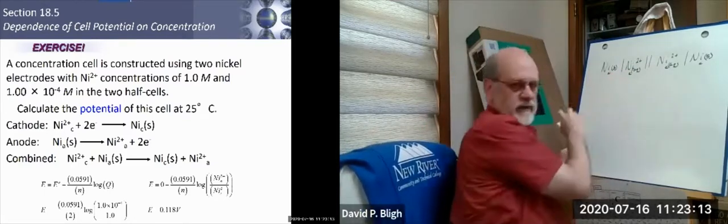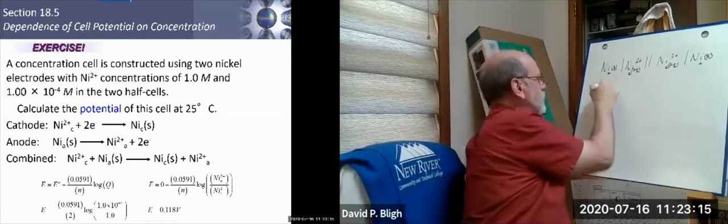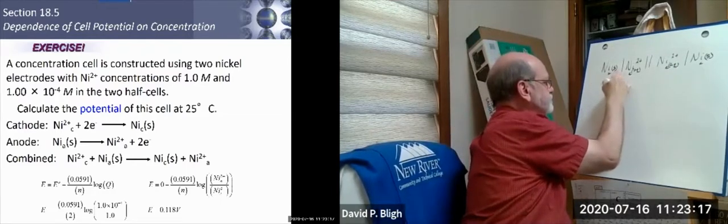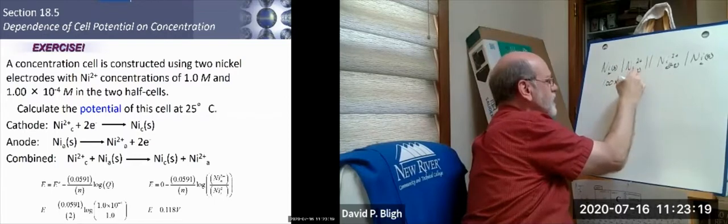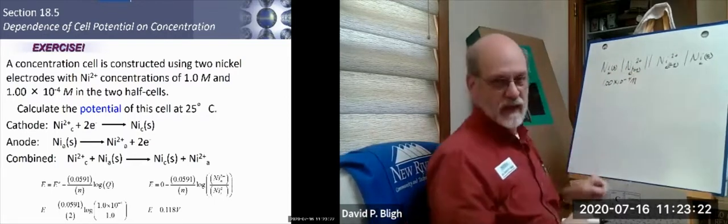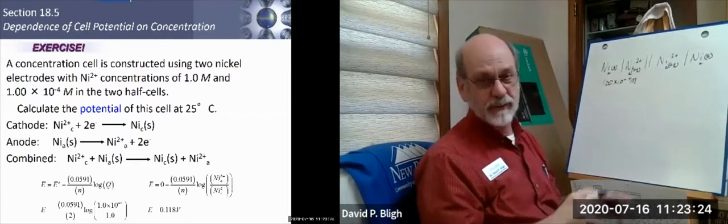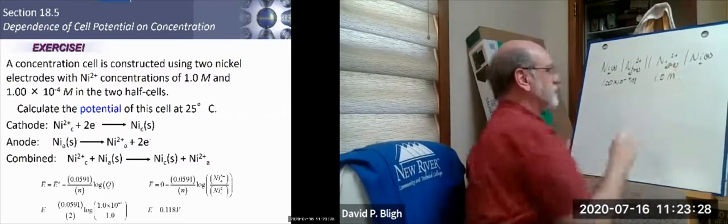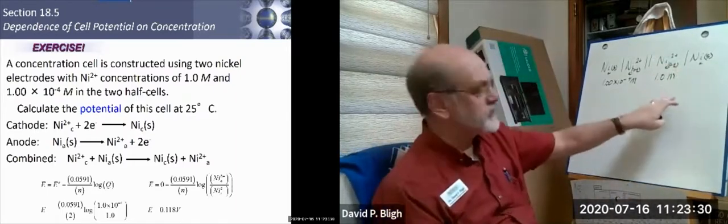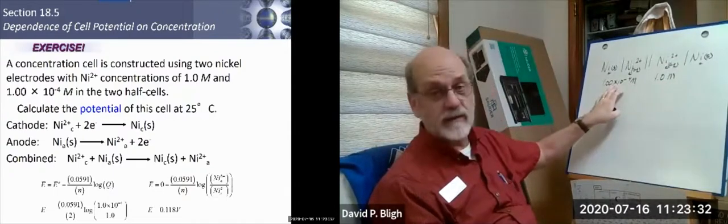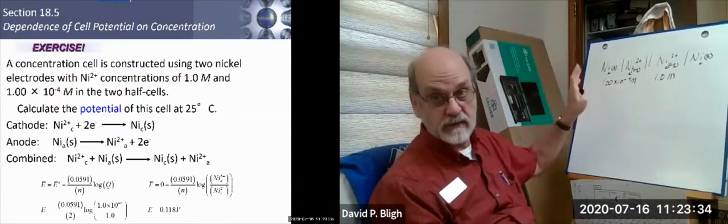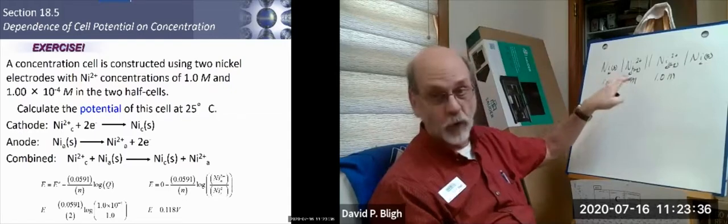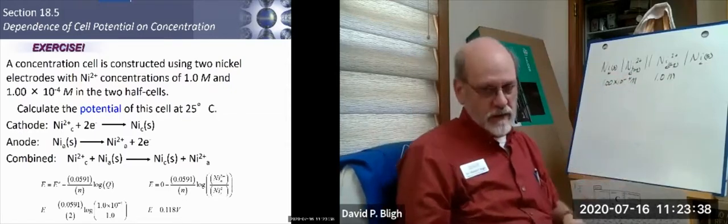So this is going to be 10 to the minus 4 molar concentration. And for simplicity's sake, we're just going to say that this is 1 molar. So the difference between 1 molar and 10 to the minus 4th molar is a pretty big gap, right? 4 orders of magnitude difference.